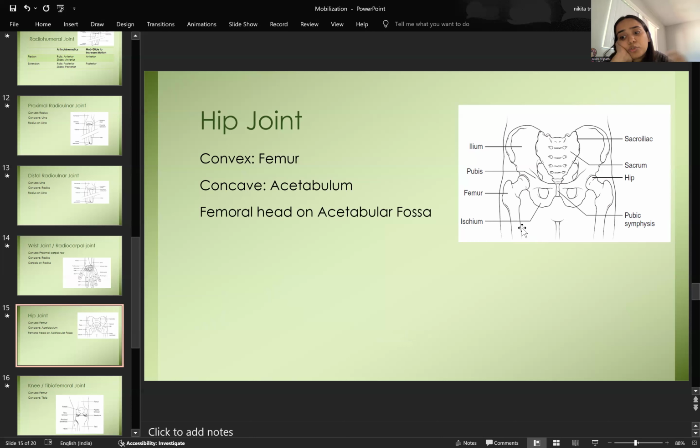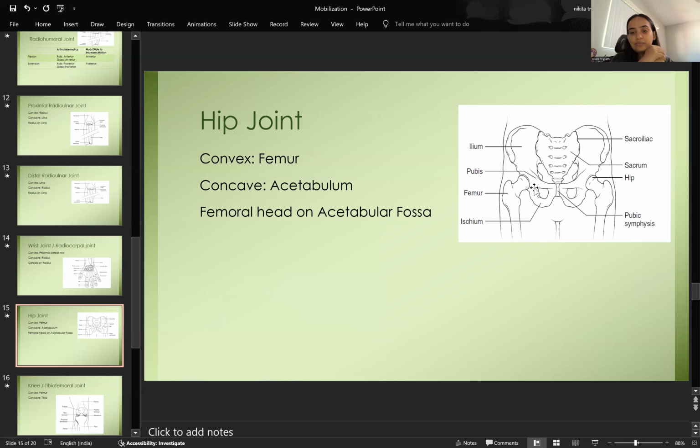Now the next joint is hip joint. Hip joint is similar to shoulder joint. Okay, the acetabulum is concave and the head of the femur is what? Convex. Now my convex surface is moving on concave surface. Femoral head is moving on the acetabulum.